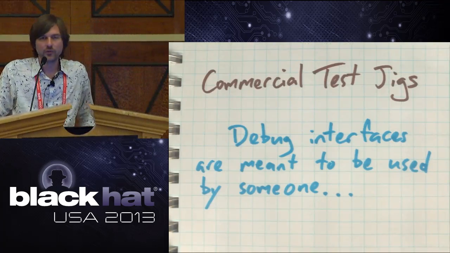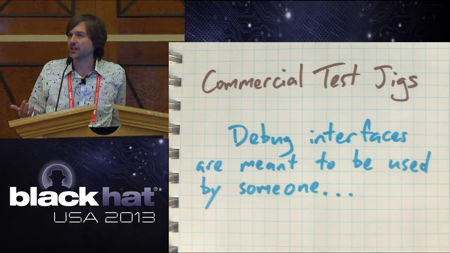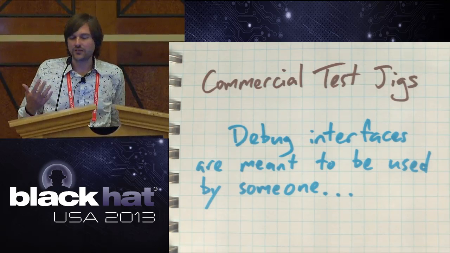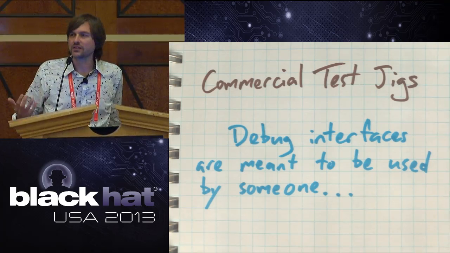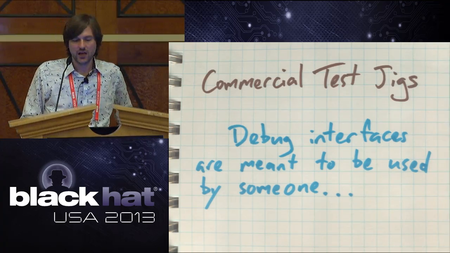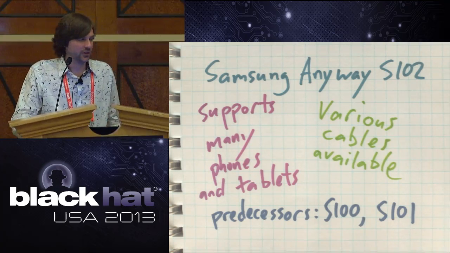All right. So all of these debug interfaces were put there by somebody intentionally. They're intended to be used by somebody, and you can actually find commercial test jigs that are designed to provide connectivity to some of these interfaces. For example, the Samsung Anyway S102 is one that we have up here.